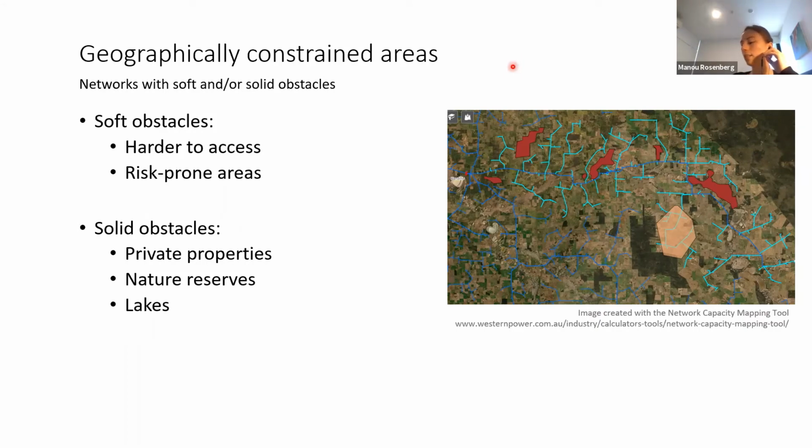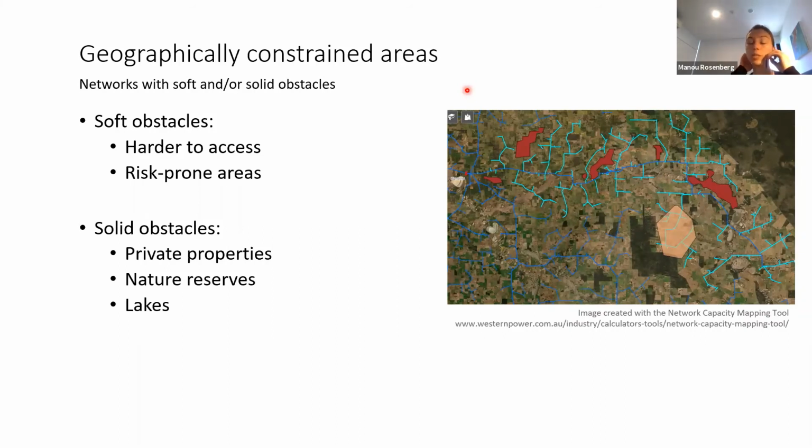And now, while this is already a complex problem, we want to be able to further consider constraints that we might have in a network. For electricity networks, we might have some areas, and this image here is just an example, not the actual real-world constraints for this network. We might have areas where we can't build any power lines, so-called solid obstacles.